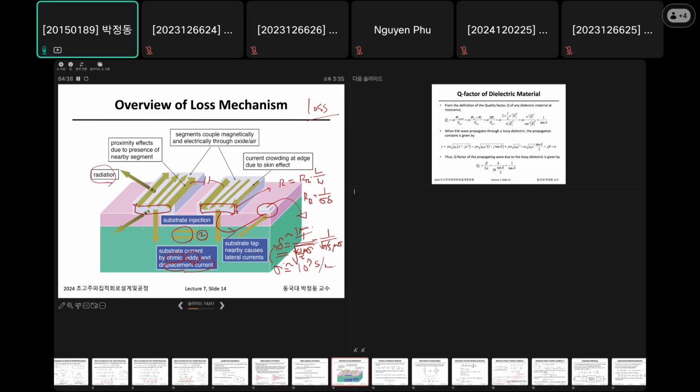So mainly the loss mechanism consists of radiation, loss caused by the skin effect, and loss caused by substrate current, which consists of ohmic current, eddy current, and displacement current.